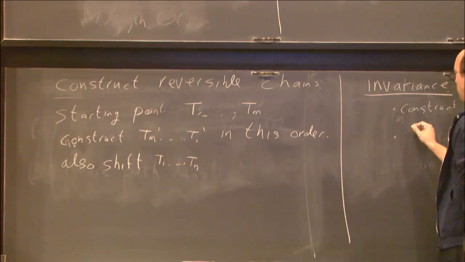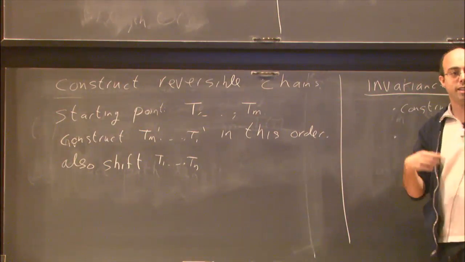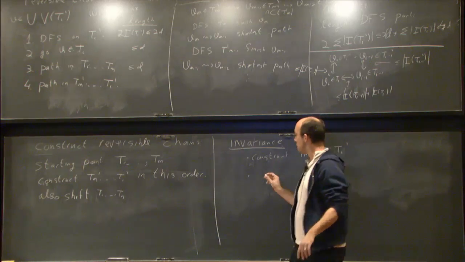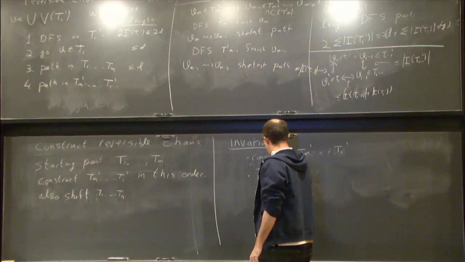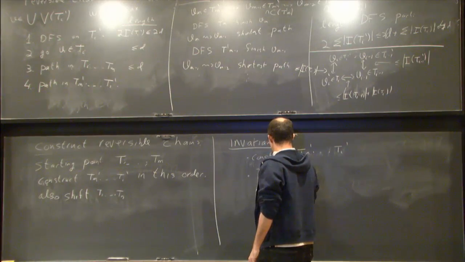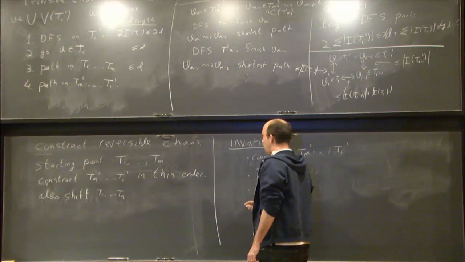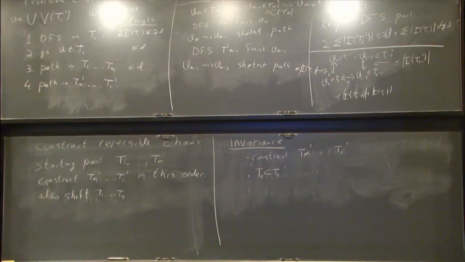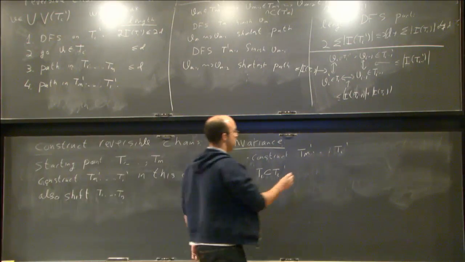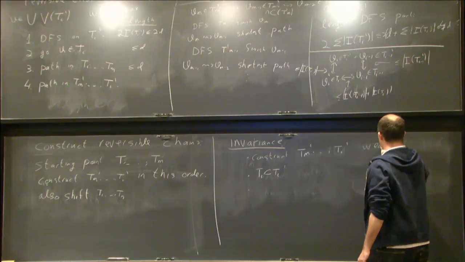After we shift things around, this is always going to stay a sensitive chain. So Ti is always going to be a subset of Ti prime. That's going to be a weak chain.